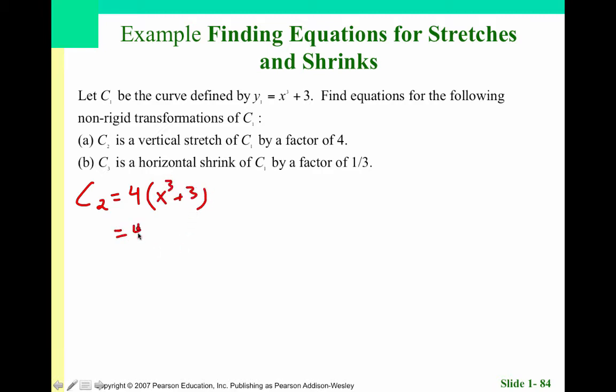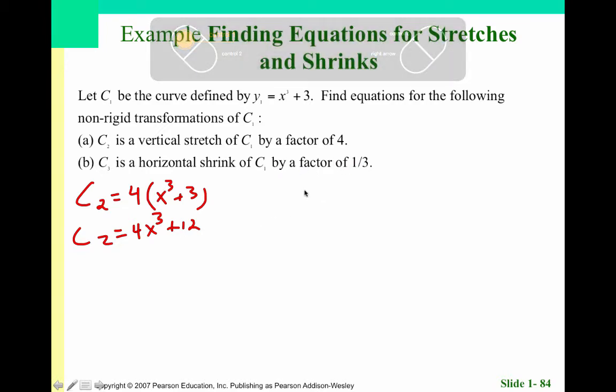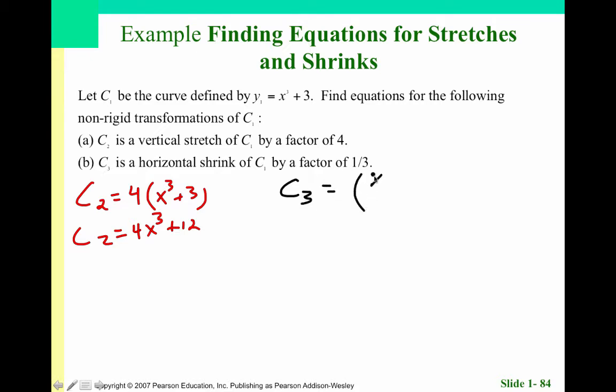So I get 4x cubed plus 12. Horizontal shrink by a factor of 1/3. Now if you looked at that, that said take just the x value, so C3, take just the x value and divide by 1/3, which is a little bit awkward to us.